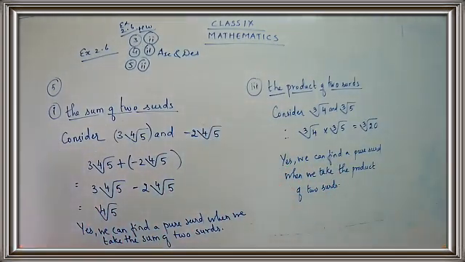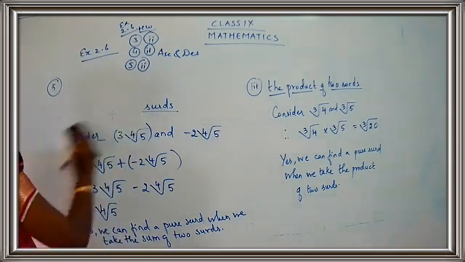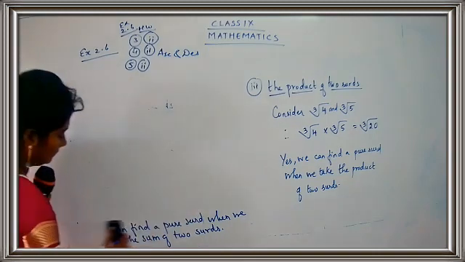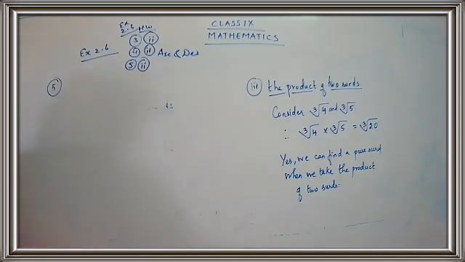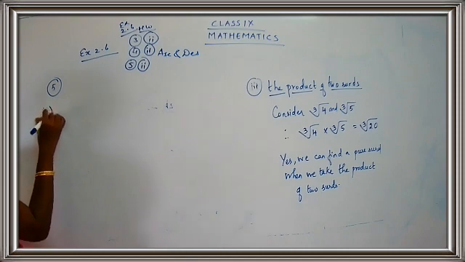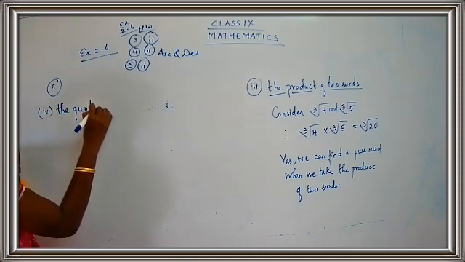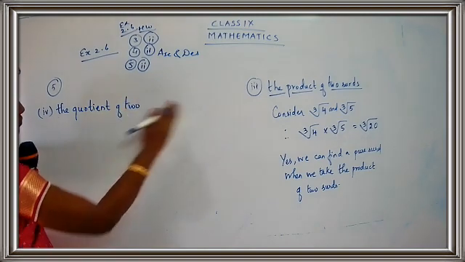And on the fourth subpart, the quotient of two surds.